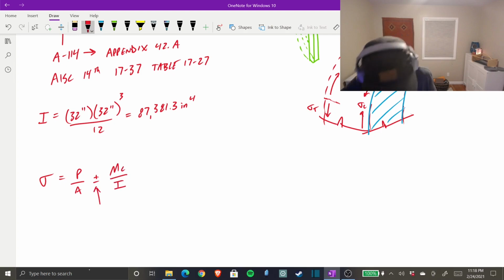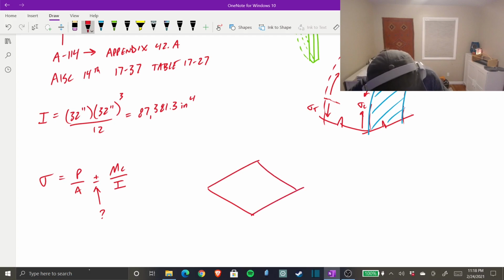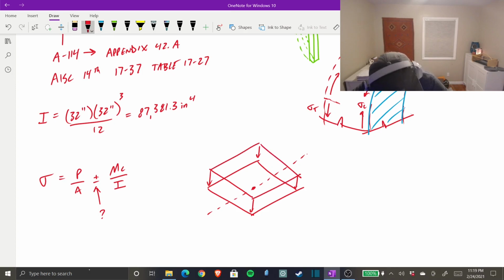Well, what the heck is with the plus or minus? The plus or minus comes into effect because, let's see, I'll draw it right here one more time. Just driving this concept home. We have our axis right here. We have our centroid. So we have internal stresses going on. We have compressive stress that is uniformly distributed. That is representative of P over A, force over area.